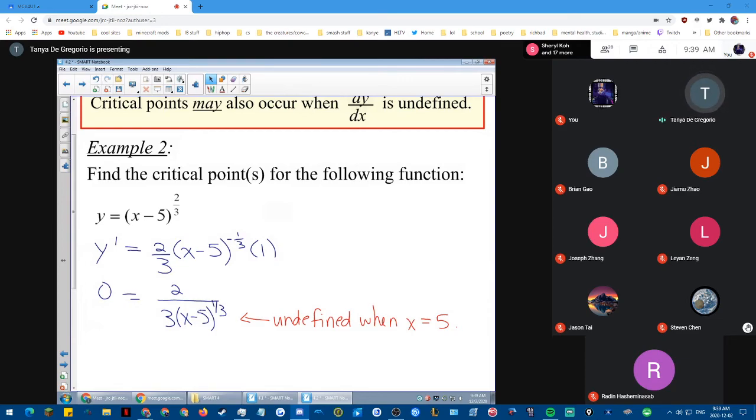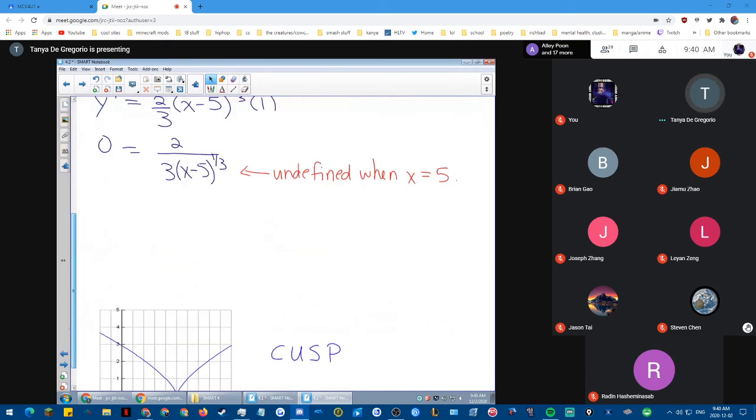Critical point, yeah. Undefined critical point. Not always, no, not all the time. Because it could be even your absolute value, so you're not going to be tested on it. It's just random. It could be an absolute value function, we saw that, right? There's many different functions that have critical points where the first derivative is undefined. Wherever you have a vertical tangent, right? Remember guys, we talked about that?